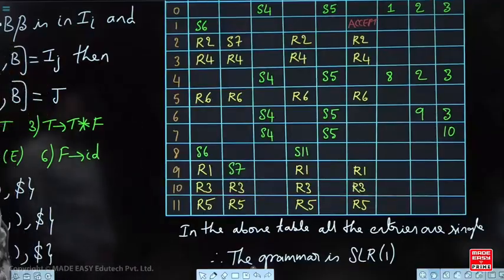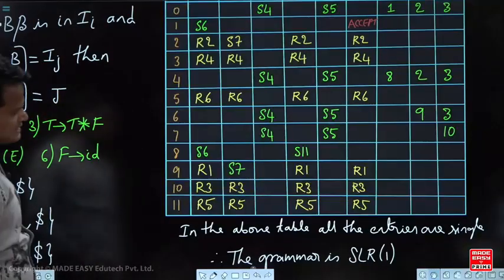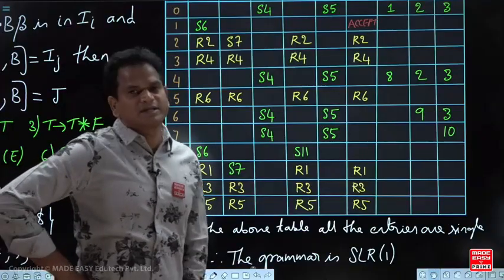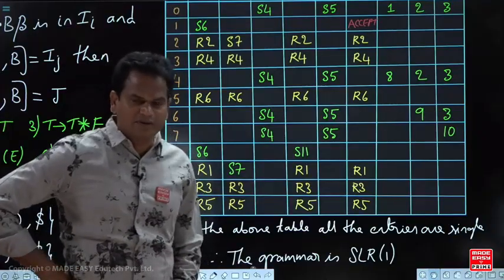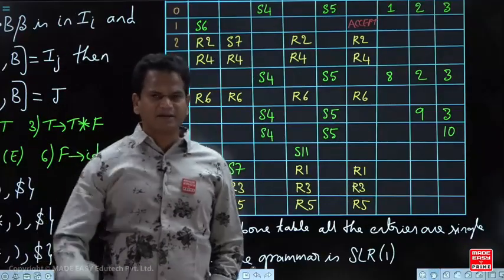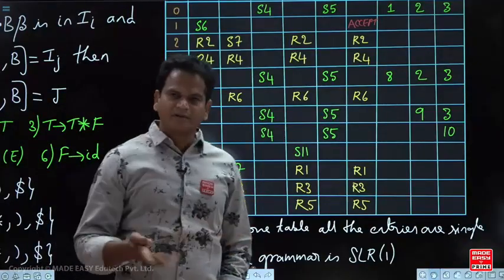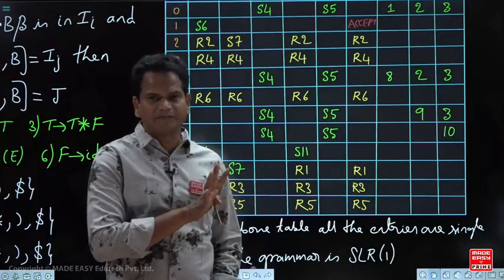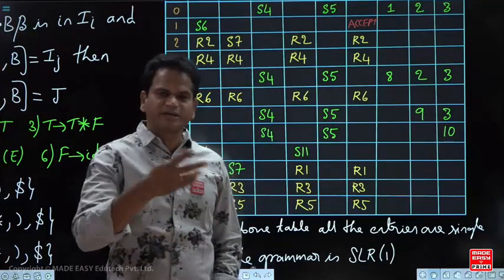Now, can't we decide whether it is SLR(1) or not without constructing this table? Of course, we can. If the same question comes in the examination and you do LR(0) items and then the table, it will take a minimum of 15 to 20 minutes. In that time you can do at least 10 other questions.